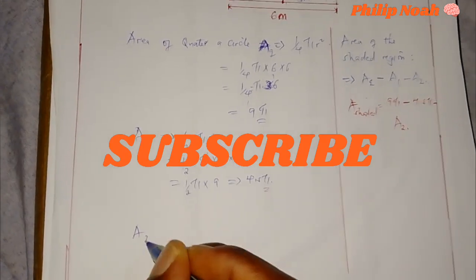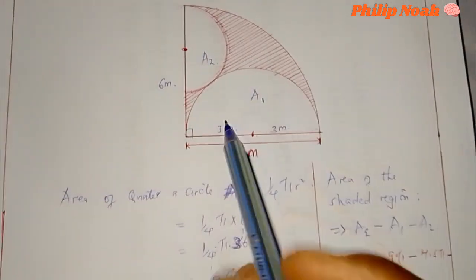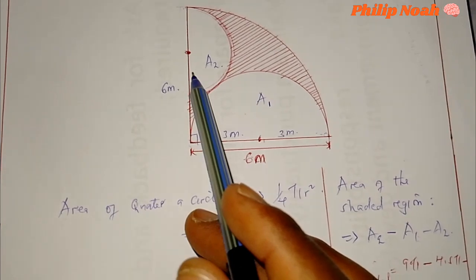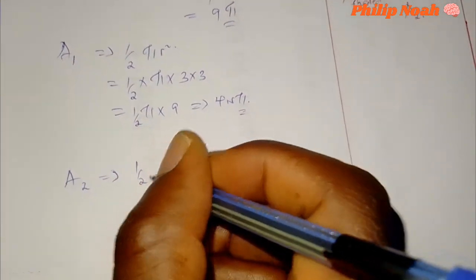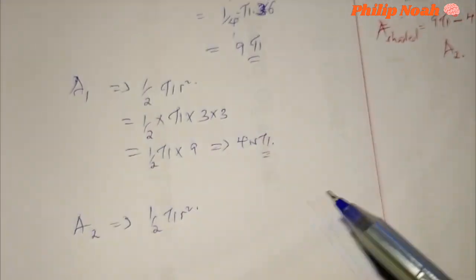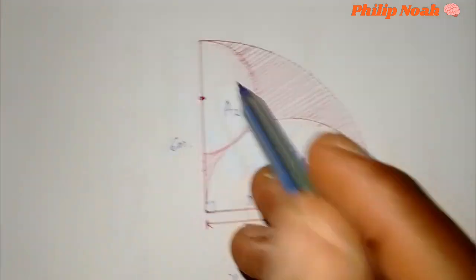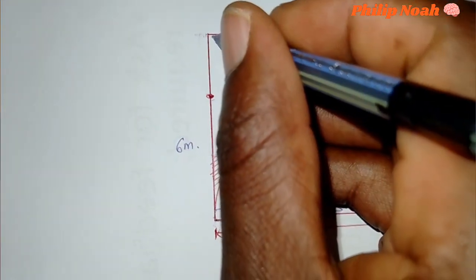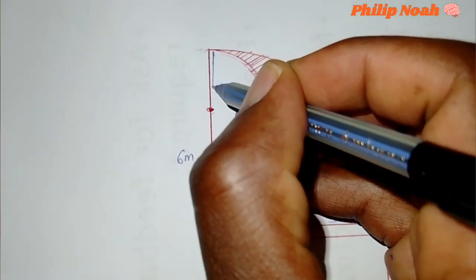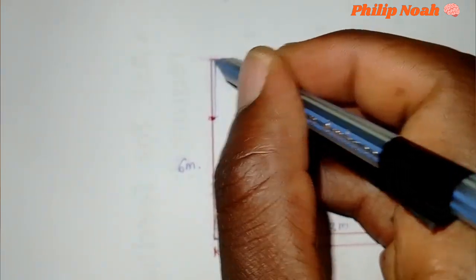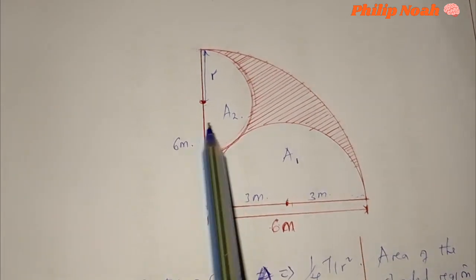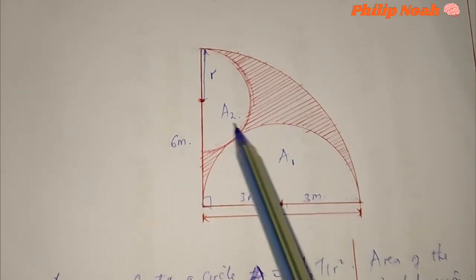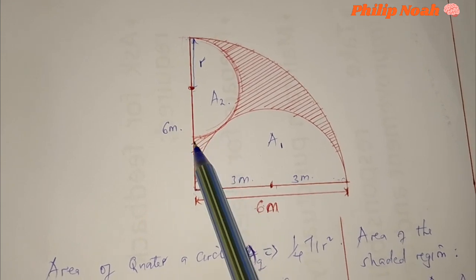Area 2, the area of this semicircle. The formula we shall use here is also a half pi r squared because this is a semicircle. But we don't know the radius of this. We don't know the length of this radius here, r. We don't know, since we have not been given even the diameter or the length from this point to this point.